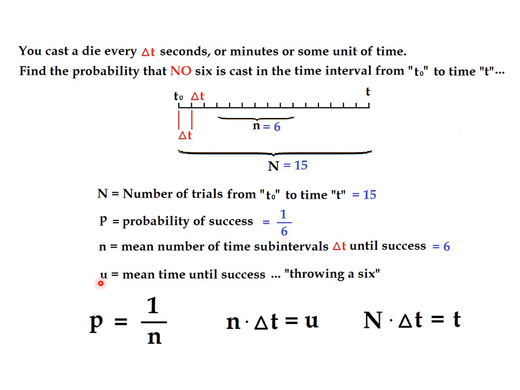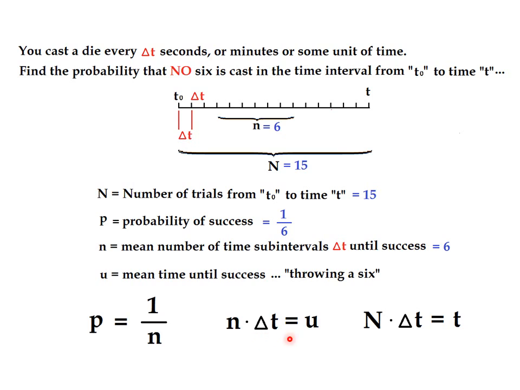is given by u. Let's get these straight, because these three very simple equations are going to become very important as we let delta t approach 0 and capital N get larger without bound within a specified time interval from time t0 to time t. Notice that the probability of success is 1 over n, little n that is.